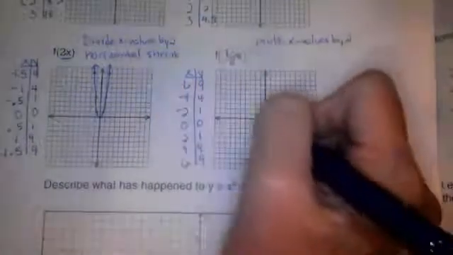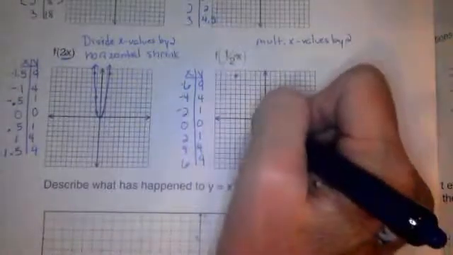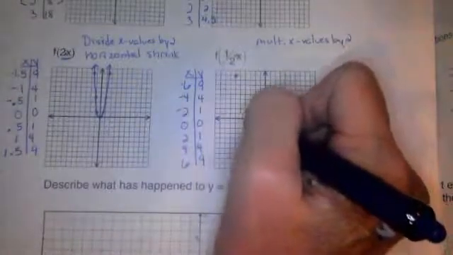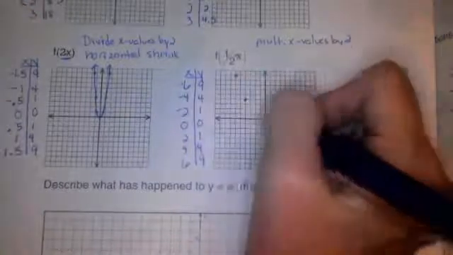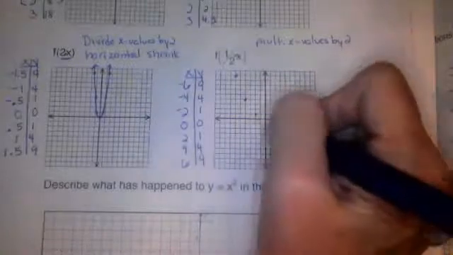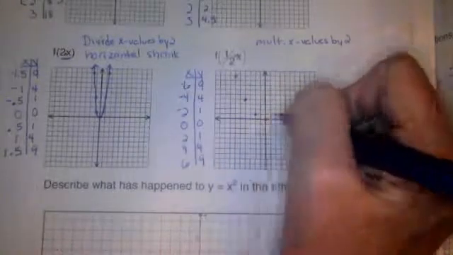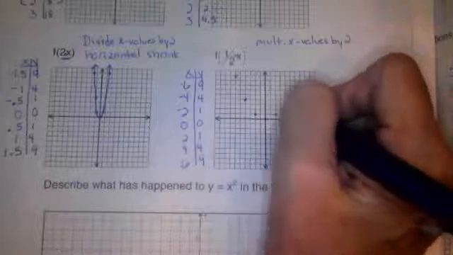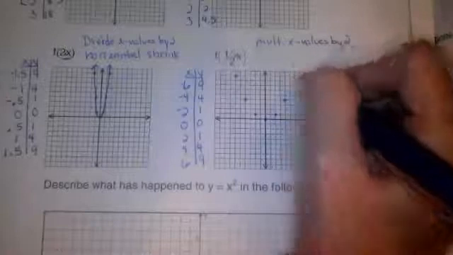And so let's see what we get here. We have -6, 9, -4, 4, -2, 1, 0, 0, 2, 1, 4, 4, and 6, 9.